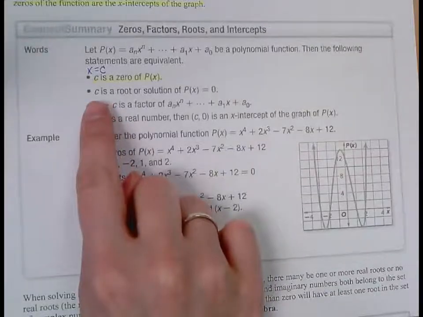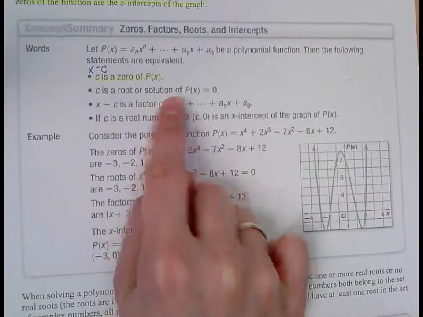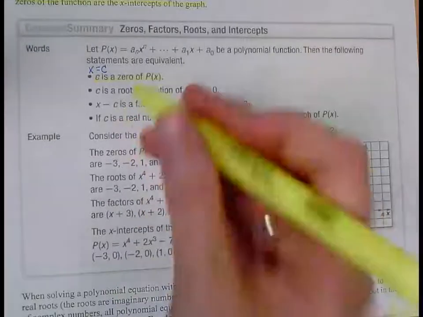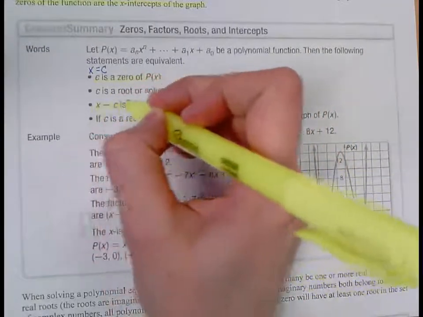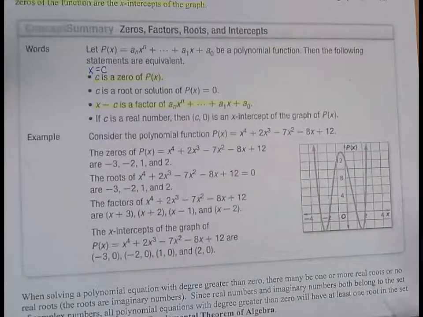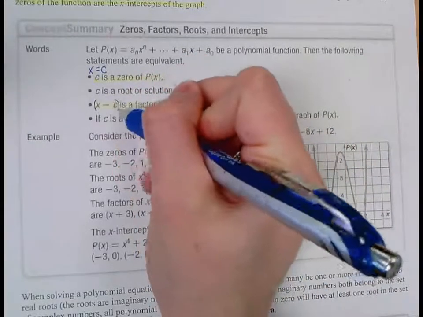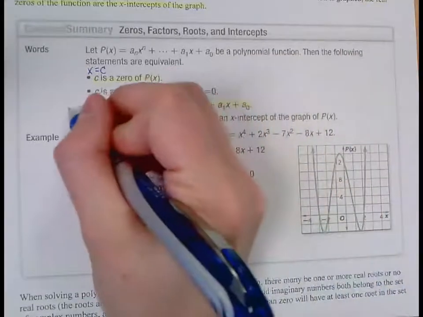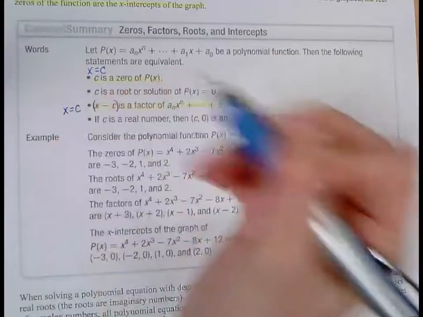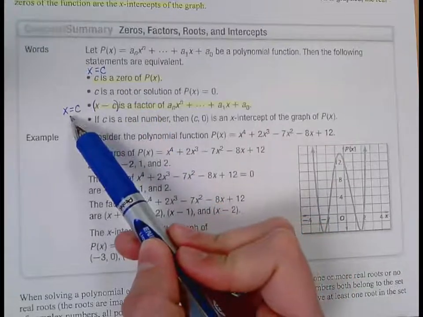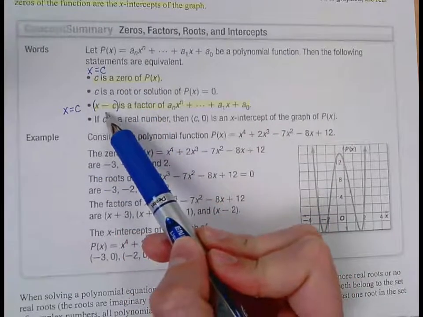then we can also say c is a root or a solution of the related equation. And then we can say x minus c is a factor of the polynomial. Notice x minus c, if written as a factor, would be in parentheses. So if x equals c is a 0 or a solution of the equation, then x minus c is a factor.